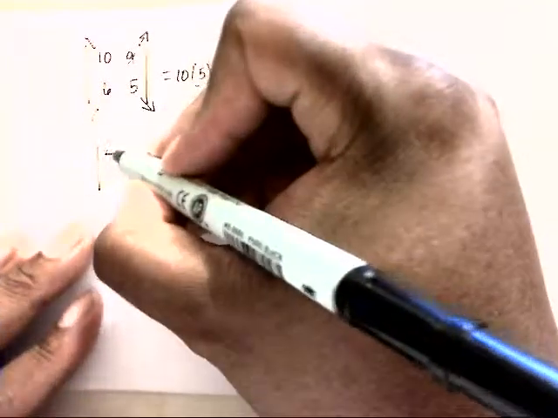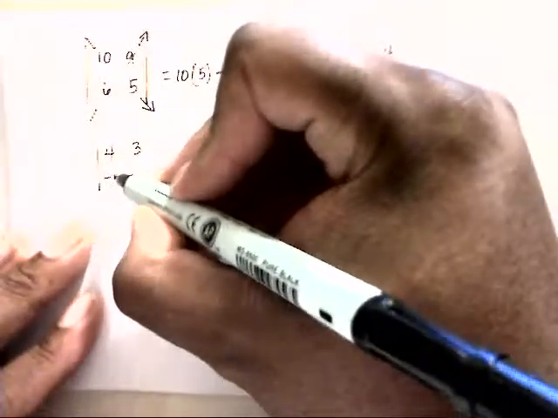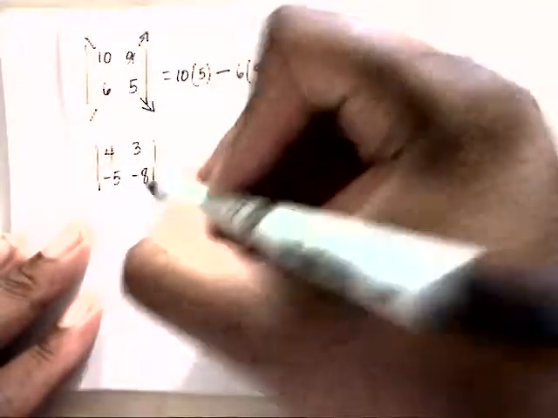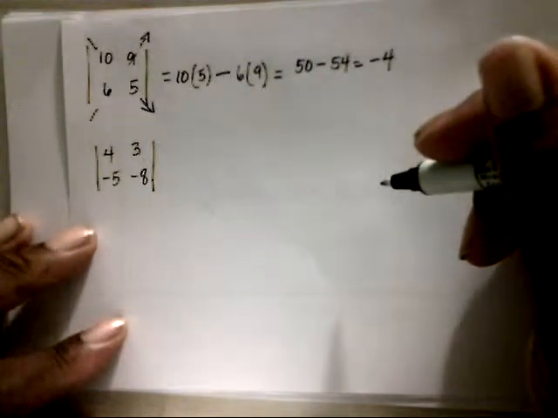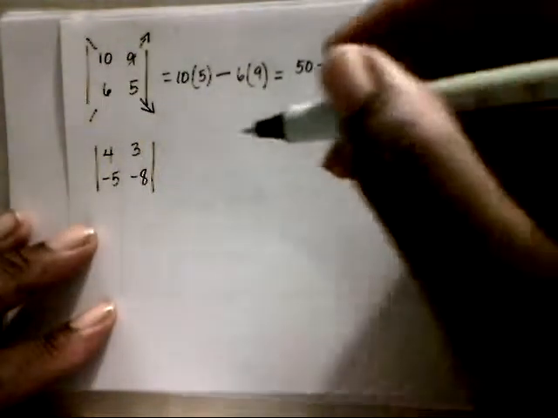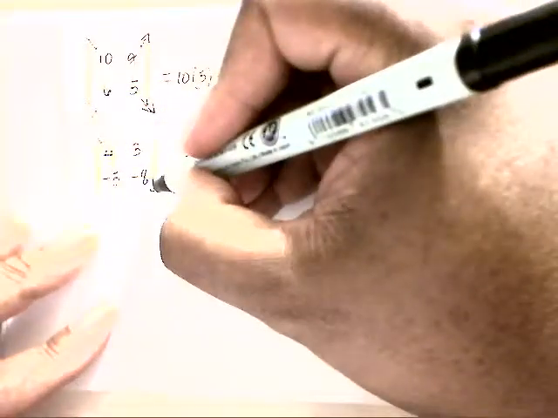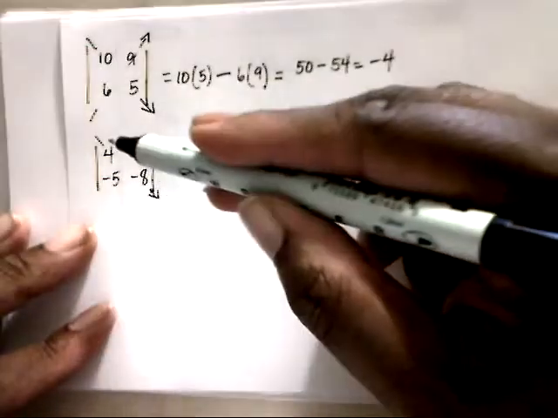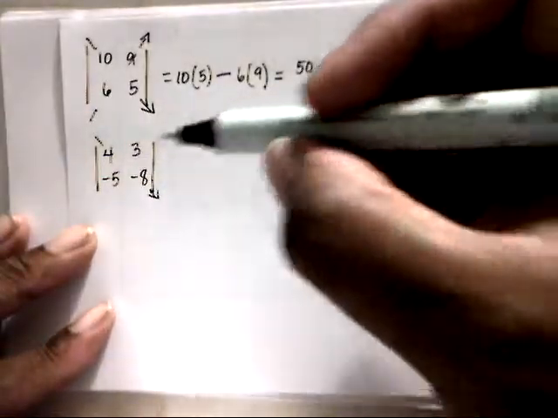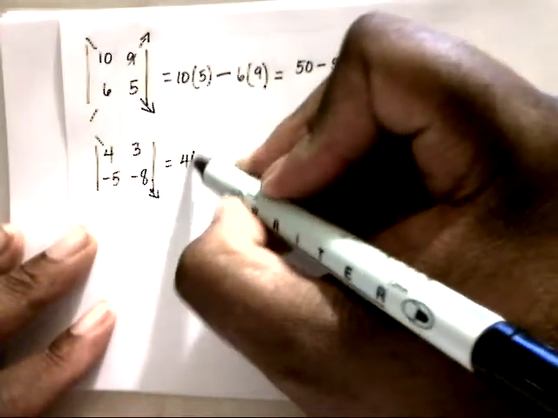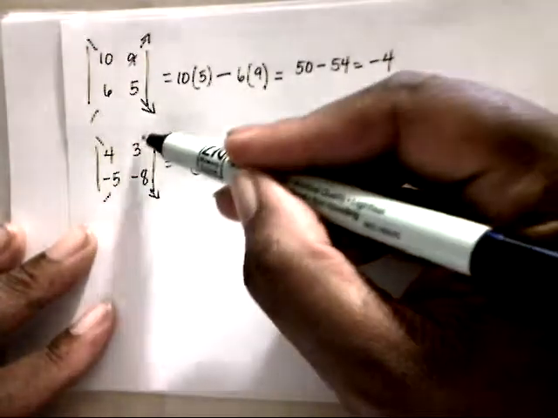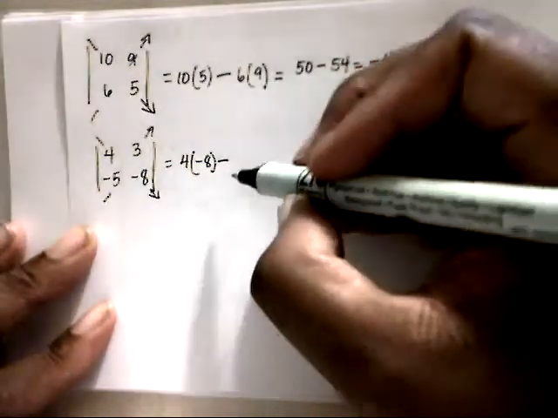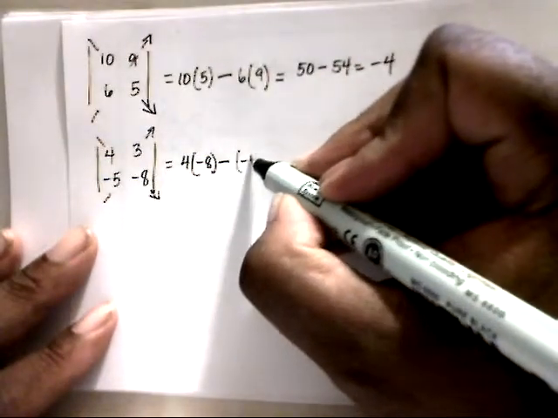All right, the other matrix was 4, 3, negative 5, negative 8, and I want to find the determinant of this 2 by 2 matrix. Again, I'll do the same thing that I did in the first example. Take the product of this diagonal from the upper left to lower right, that's 4 times negative 8, minus the product of this diagonal from the lower left to the upper right, that's negative 5 times 3.